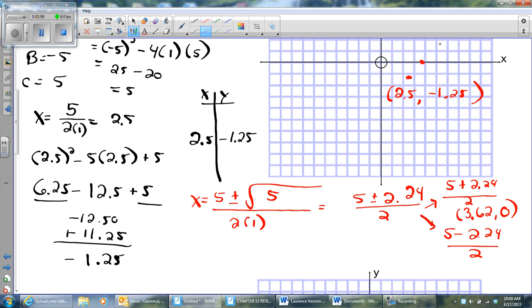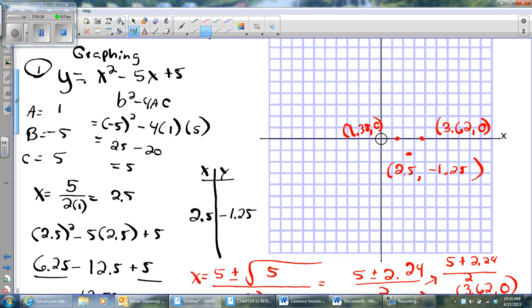Maybe right about there. And then I'll label it so the reader knows what I'm trying to convey. Okay, and then I'll do 5 minus 2.24 and divide by 2. And I'll get 1.38. Of course, these aren't the exact roots because the square root of 5 is not exactly 2.24. The square root of 5 is an irrational number, right? And so that's going to be like maybe right there. And so it'll be 1.38 and then 0.